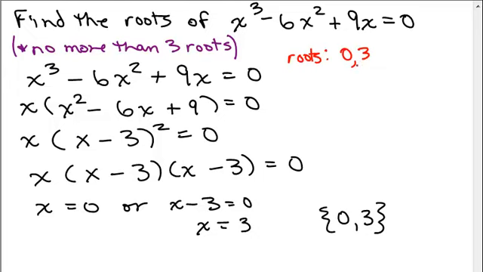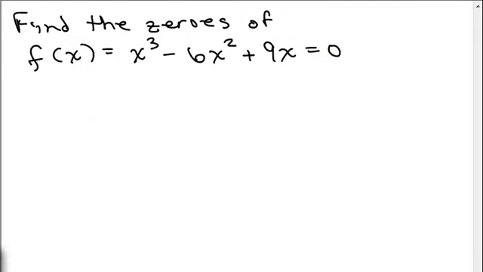Now, what if instead of saying find the roots, I had written this as a function? So what if I said find the zeros of f of x equals x cubed minus 6x squared plus 9x. Now this is a function, a polynomial function because this is a polynomial. So we could graph it by plotting a whole bunch of ordered pairs.